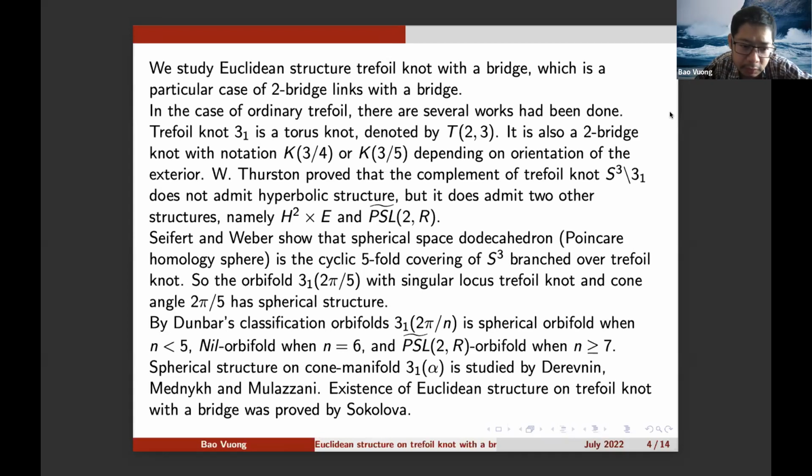Spherical structure on the cone manifold C(3_1, alpha) was studied by Mednykh and Lilya, and the existence of Euclidean structure on trefoil knots with a bridge was proved by Sokolova.